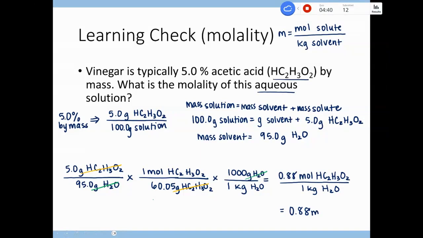Your first fraction would be 0.075 milligrams, divided by the bottom, which will be 1,000 milligrams to one gram.